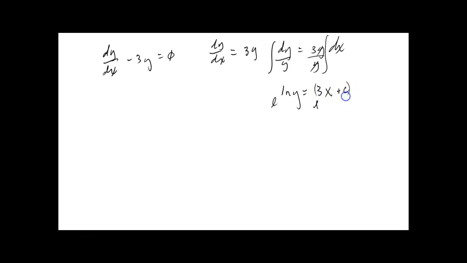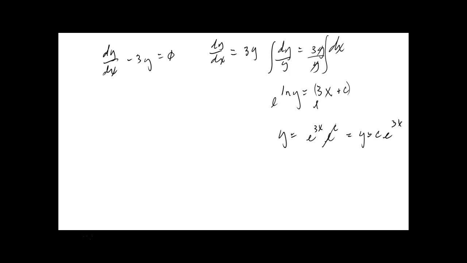So this will be y is equal to e to the 3x times e to the c, which is some other constant, and we'll just call that y is equal to c e to the 3x. Now, that's done by separation of variables. We know that's our answer.